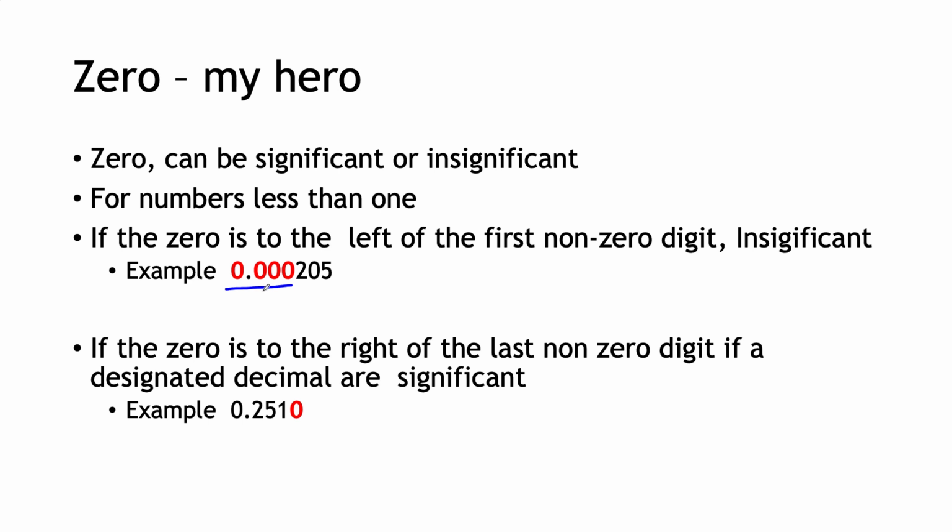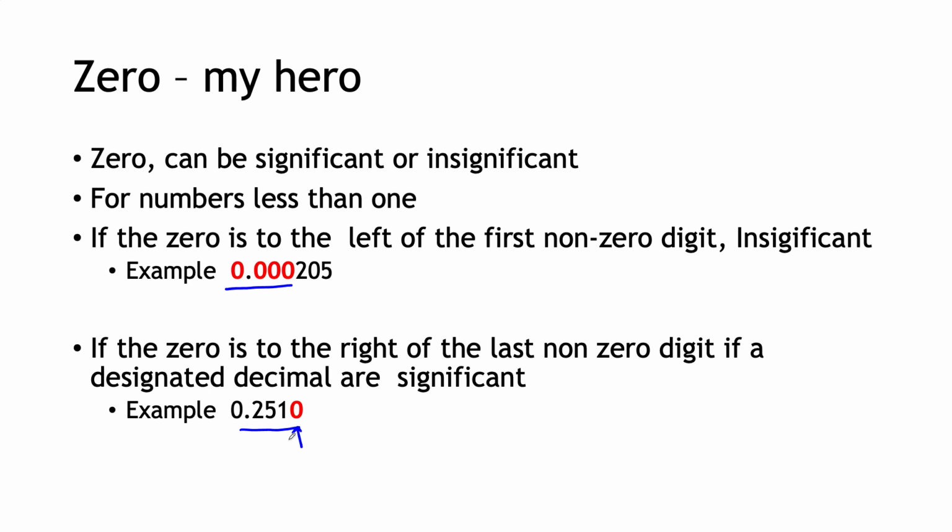They're not significant to the value. If the 0 is to the right of the last non-zero digit, this decimal place is actually significant because it's telling me how close to 0 we can measure, what fraction of 1 we can measure to.